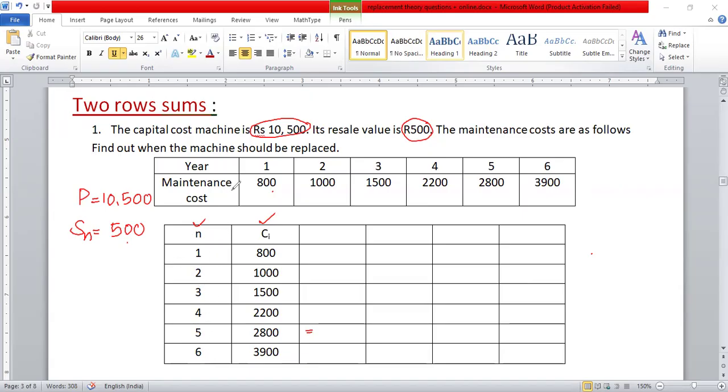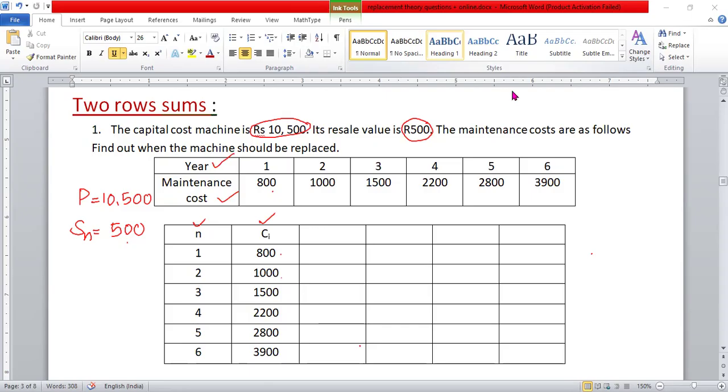And the maintenance costs are 800, 1000, 1500, then 2000, 2800, 3900. So the first column, year, is n, and maintenance cost is C_i.